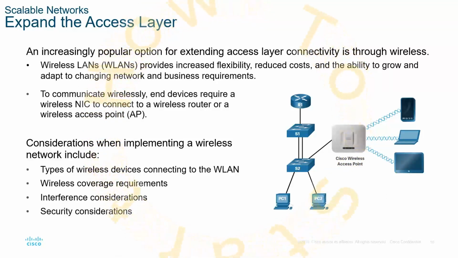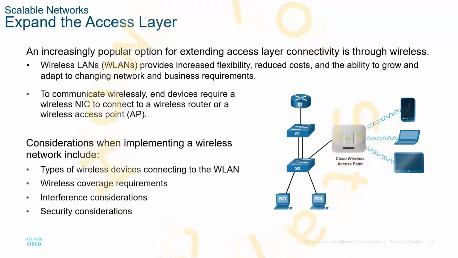This basically allows us to extend into different areas. Some of the considerations you need to have are looking at the types of wireless devices, coverage, interference, and if there's security considerations that have to be there. Are we allowed to have wireless devices? And again, that's going to be based off circumstance and your individual organization.